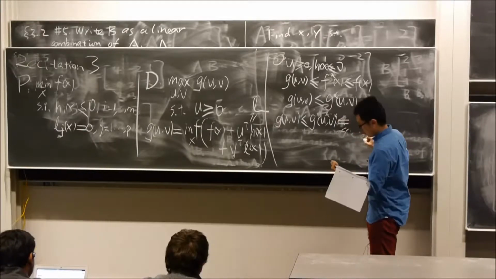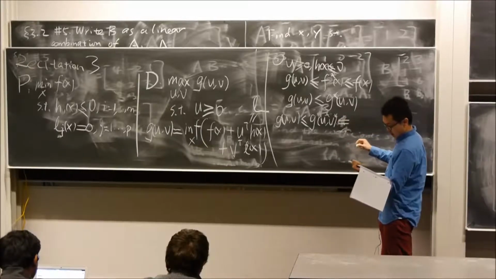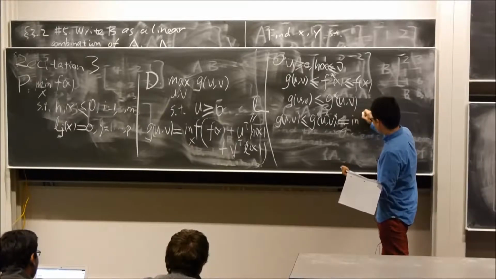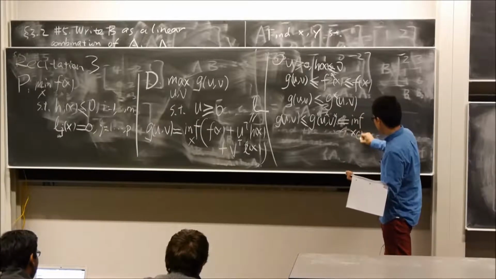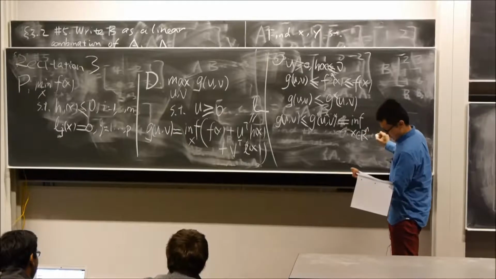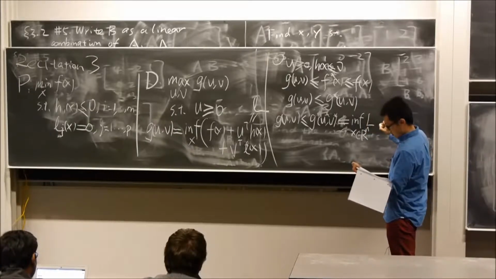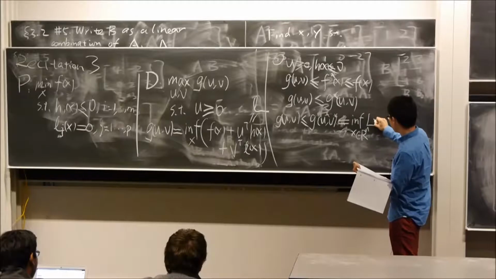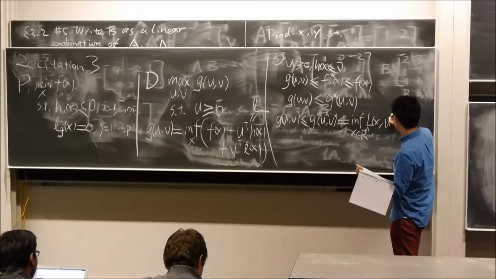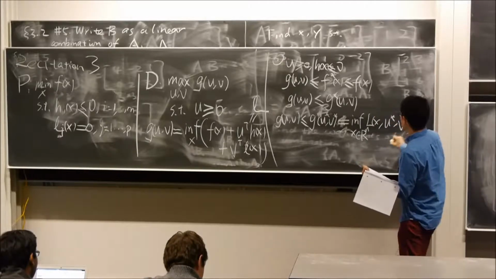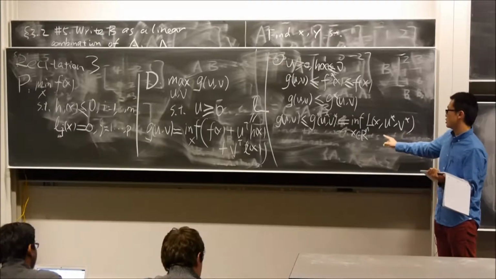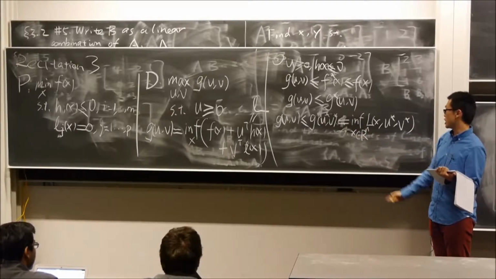By the definition of g, this equals the inf over all x belonging to R^n of the Lagrangian L(x, u star, v star).